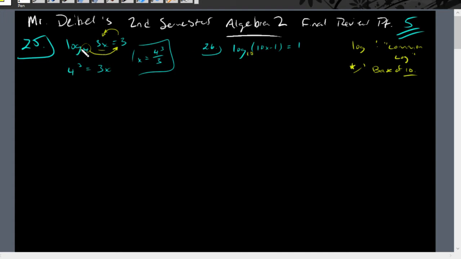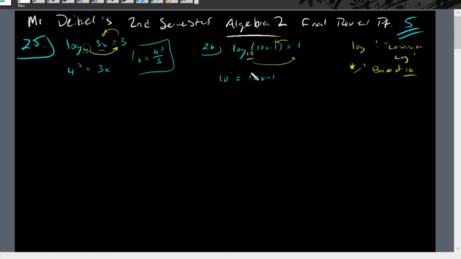All right, so the base is 10, and you convert it just like we did over here. The base raised to the power of the answer here equals what you're taking the log of. So that is 10 to the first power equals this whole thing, 10x minus 1. So 10 to the first equals 10x minus 1.